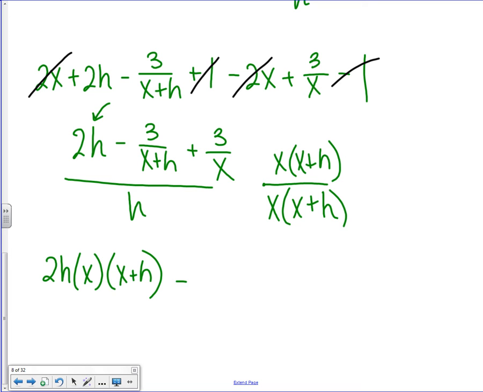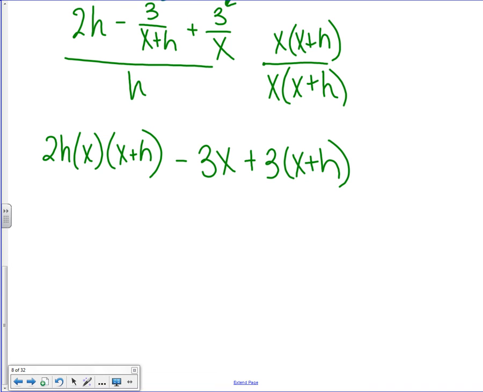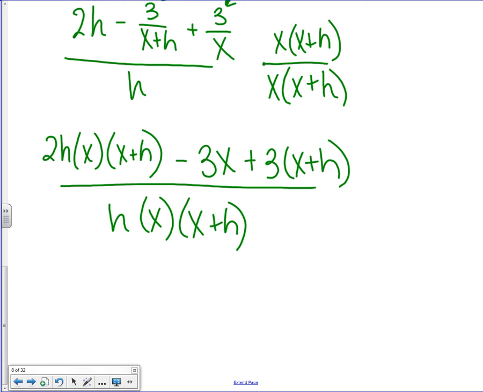Minus, if I multiply this one, the x plus h is going to cancel. So this would just be 3 times x. And then if I multiply this one, the x is going to cancel. So this will be plus 3 times x plus h. And my denominator is now h times x plus h.